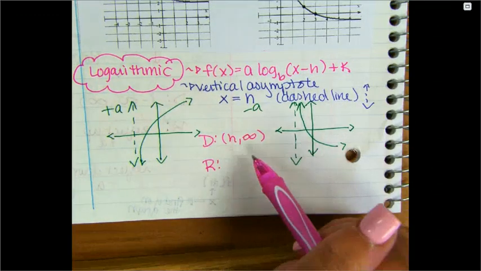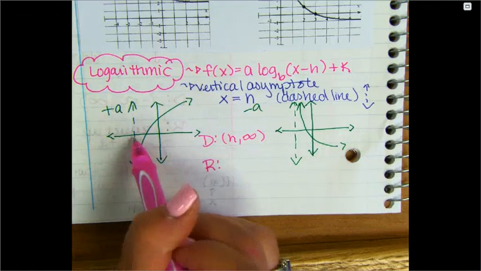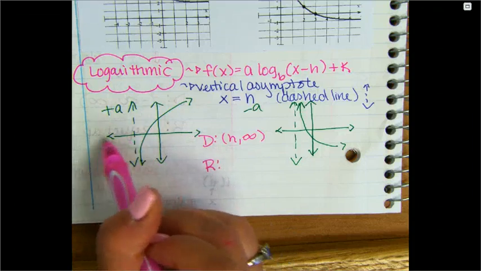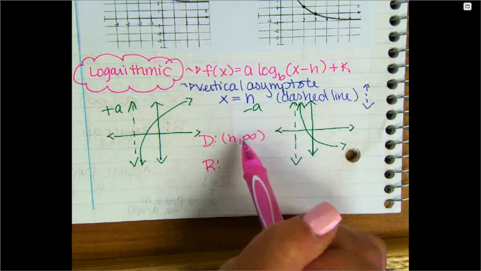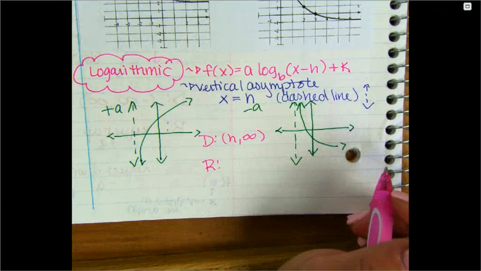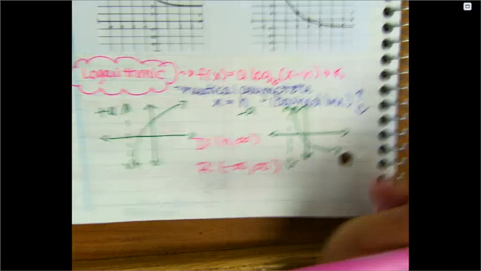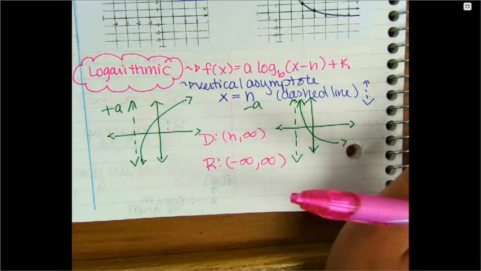Well, why is it h and not negative infinity? Because h is your what? Your asymptote, right? Nothing before it, then it starts, and then we keep going. Parentheses, because we're never going to what? You're never going to touch it. What do you think range is? Negative infinity, positive infinity. Good. Because we're going both directions up and down. Good.